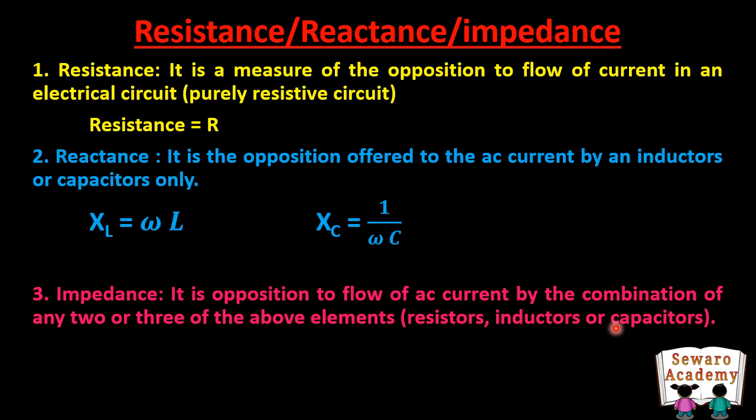This impedance we denote by Z, which equals the square root of R square plus capacitive reactance minus inductive reactance, whole square. So this is the expression for impedance, and here it is denoted by LCR. L means inductor, C means capacitor and R means resistor, so all three types of elements are present in this circuit.